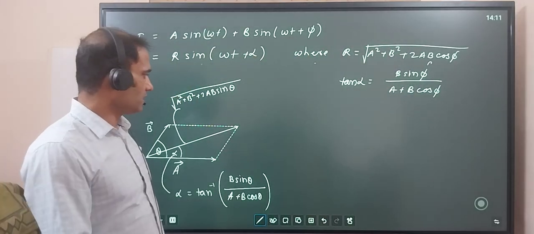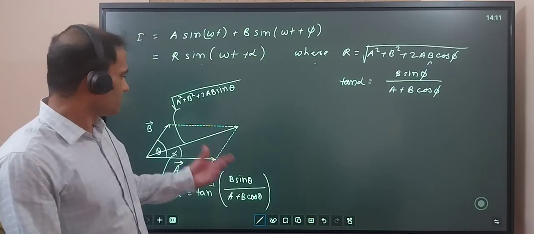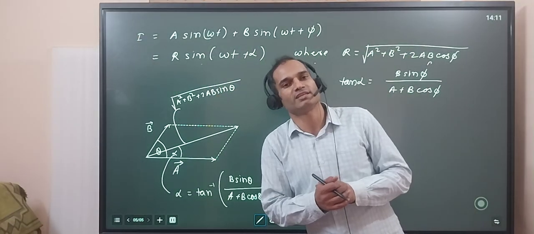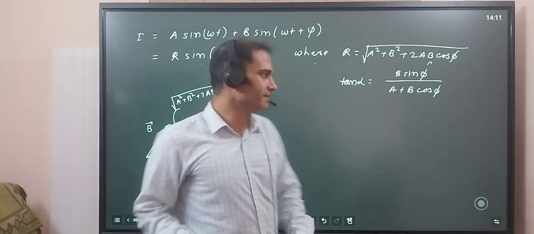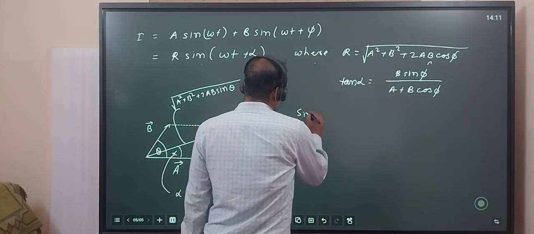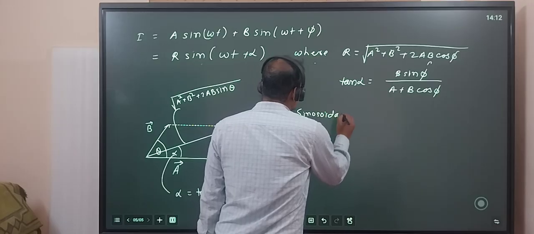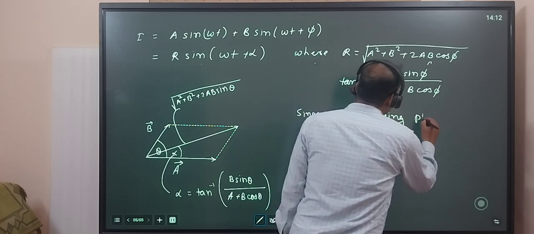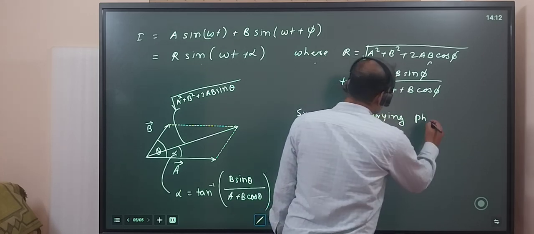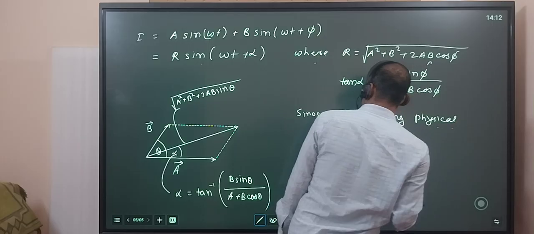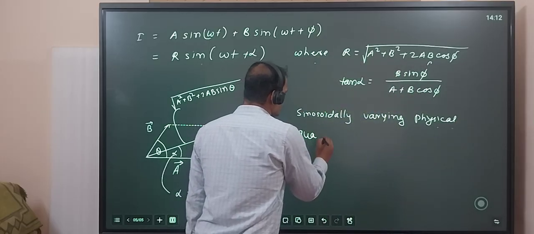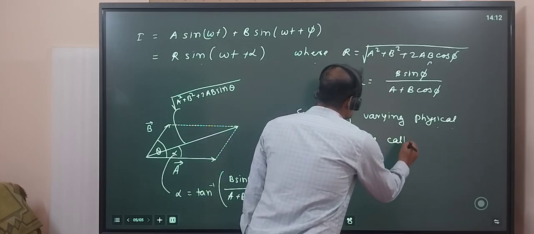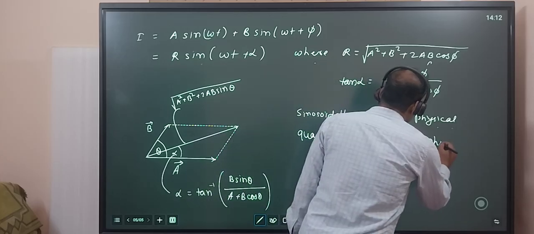In the next slide, I am going to do a comparison. These things are called phasors. Sinusoidally varying physical quantities are called phasors.